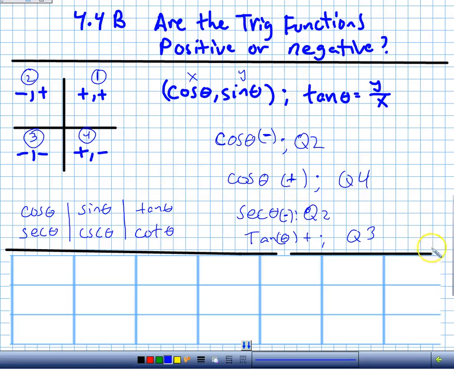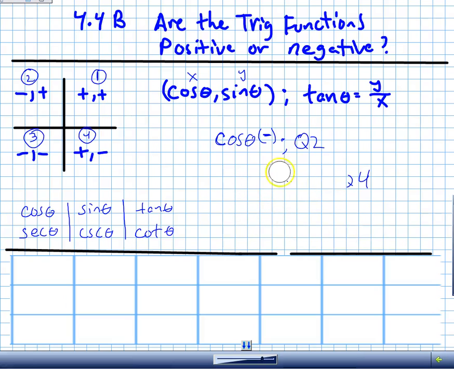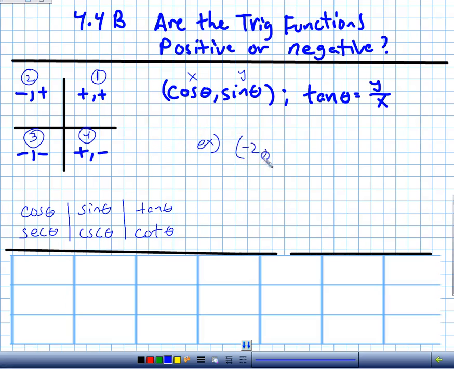Now, let me give you some examples that are typical to the ones that we saw in our textbook in class. We saw some problems where they gave us a coordinate point such as (-2, 1), and they asked us to find the corresponding, let's say, cosine value.